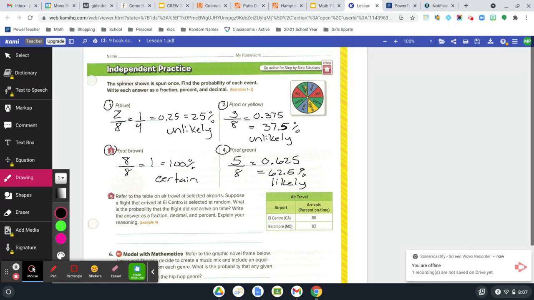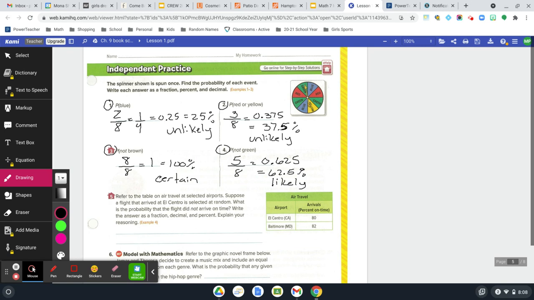Well, there's 3 green on there, which means there are 5 other spots on that spinner out of the 8. So that would give you 0.625 or 62.5%, which again, if you rounded that to 63%, that's fine as well. And that is likely to occur for you to not land on green.